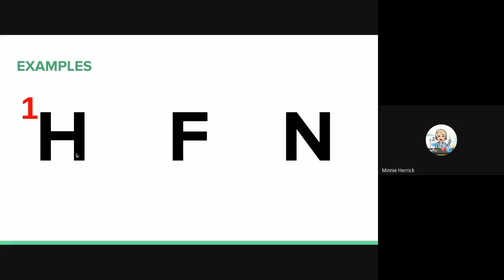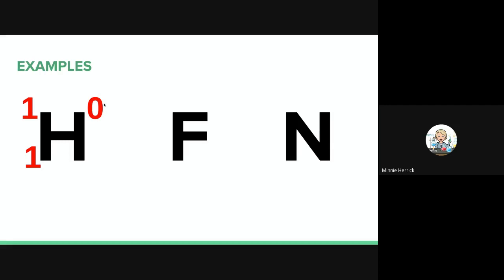So here's H. It has 1 on top and 1 on the bottom. That top number means the mass, and the bottom number means the atomic number. And then this means there's no charge.